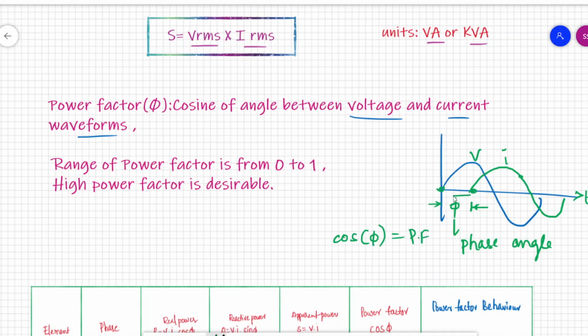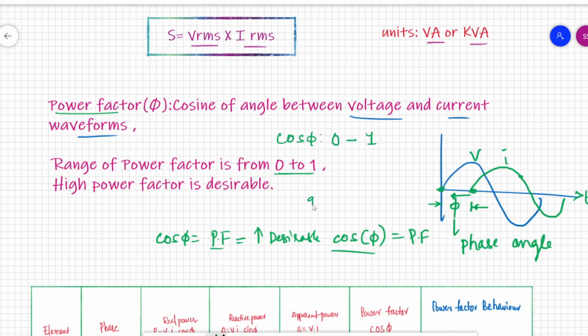The closer the waveforms are, the higher the cos phi value, and a high power factor is desirable. In our electrical systems, more power factor means more power is transferred from source to load. So power factor is the cosine of the angle between voltage and current waveforms, and the range of that power factor, cos phi, is from 0 to 1.